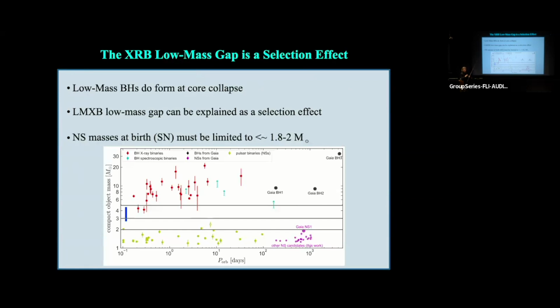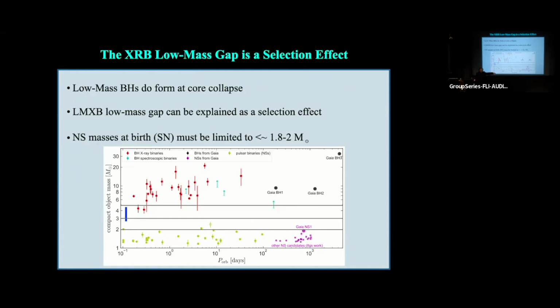But the second conclusion, which is a little more crazy, although we're talking to supernova core collapse people and they're telling me it's not crazy, is that even if you forget whether black holes at low masses actually are born, let's say they're never born. If you allow neutron stars to be born all the way up to the equation of state maximum limit, you're going to fill the gap in X-ray binaries, regardless of what happens with low mass black holes.